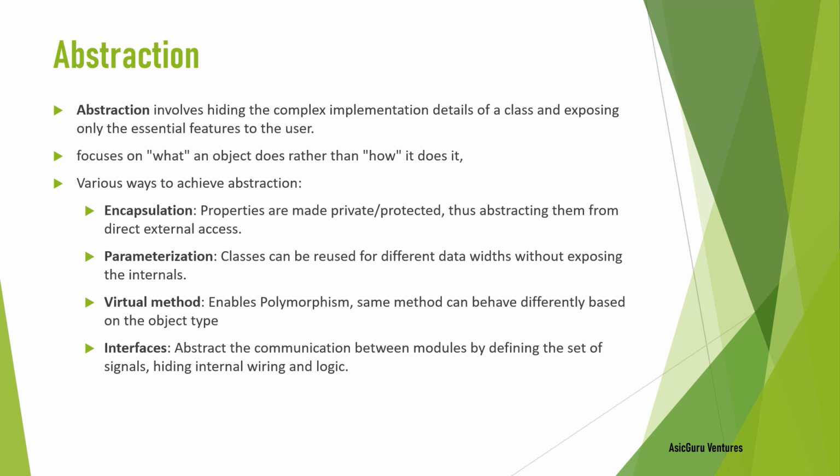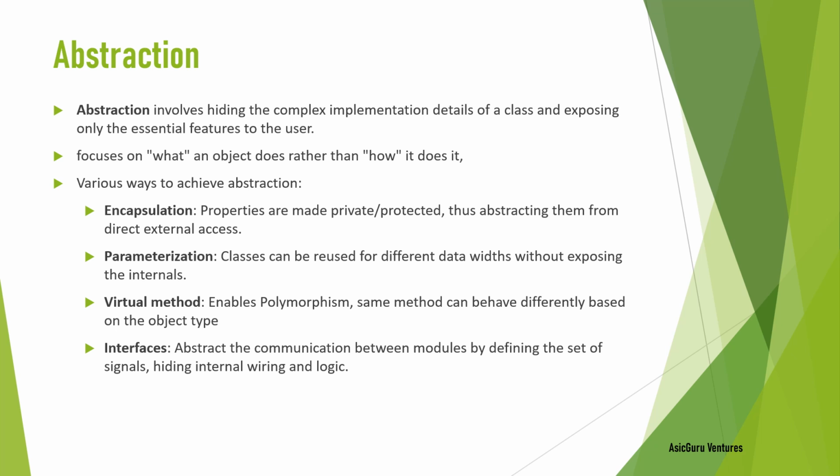Next, parameterization. It allows classes to be reused across different configurations by just changing parameters like data width, and we don't need to touch the internal logic. Next, virtual methods. Virtual methods also help in abstraction. How?